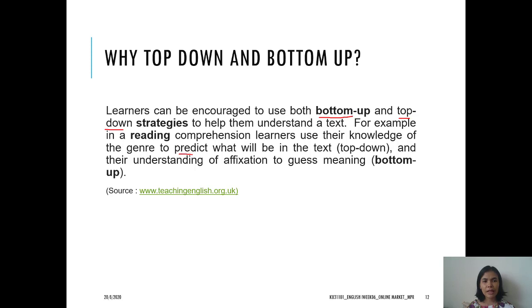Based on the title, you predict, okay, this is something I am going to expect later in the text. And then you also use your understanding to guess the meaning of the text by word or by grammar. So you are incorporating both the top-down and bottom-up approaches in reading in order to understand a text.